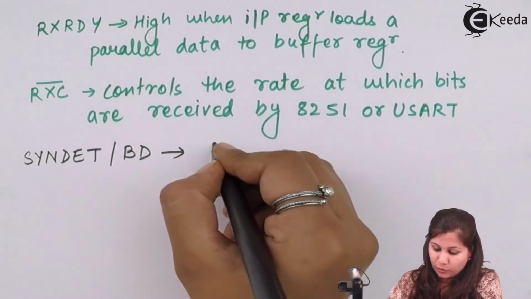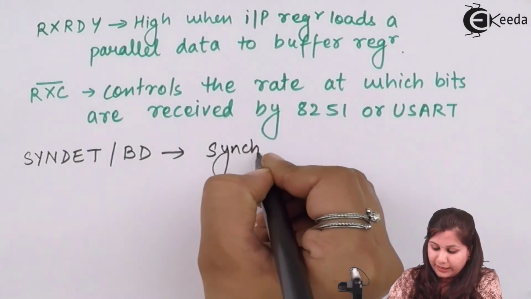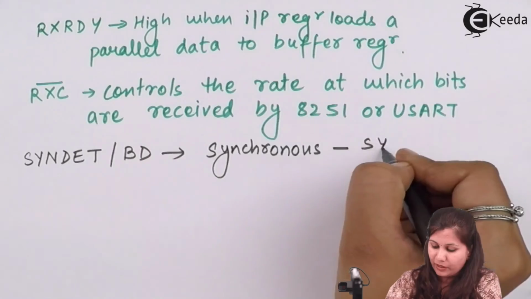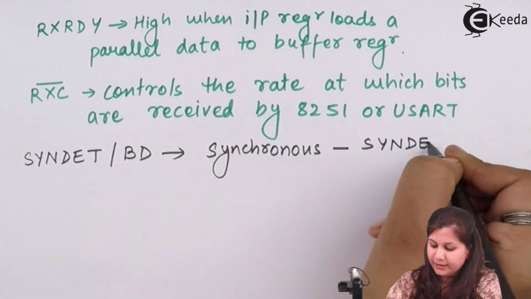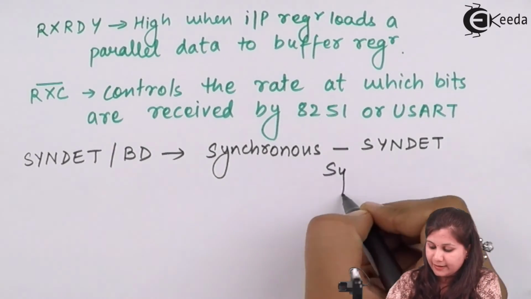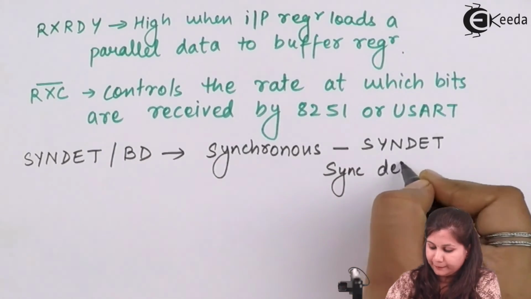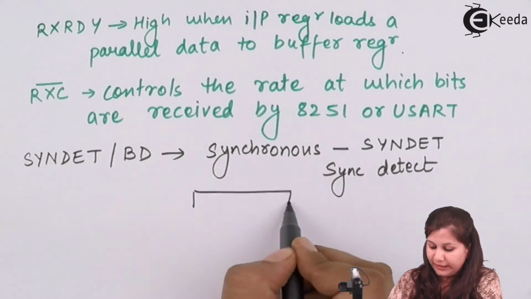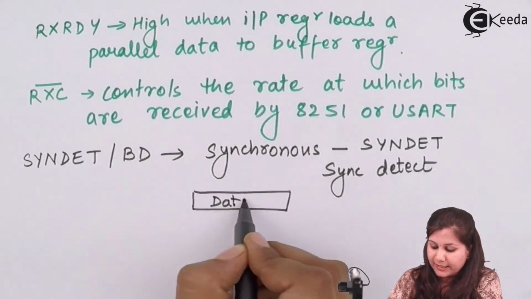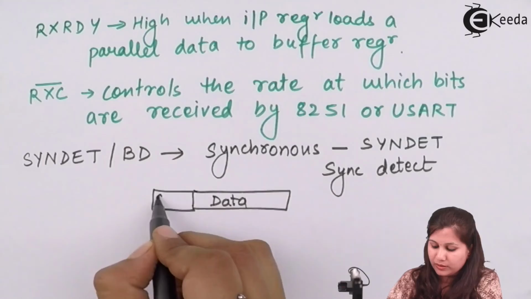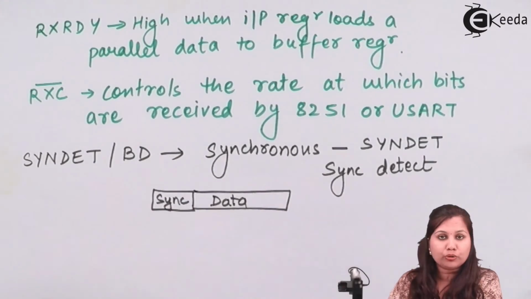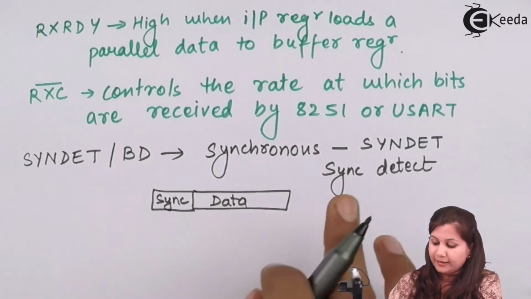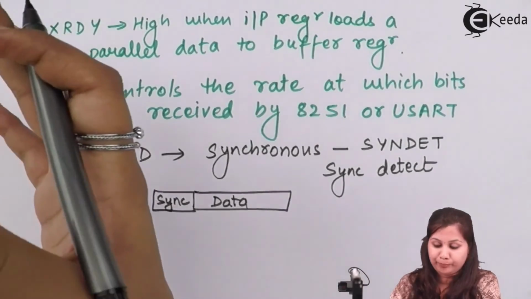So when synchronous mode is selected, then this signal will act as the SYNDET, that is sync detect. Because in synchronous mode, along with the 8-bit of data, the sync characters are also sent. So to detect these sync characters, if any of the sync character is detected, this signal will go high.